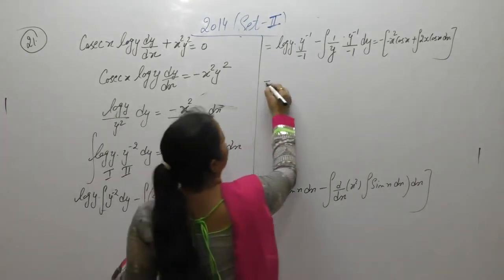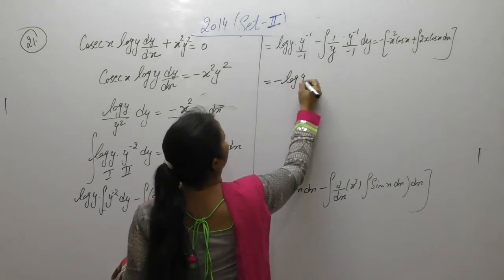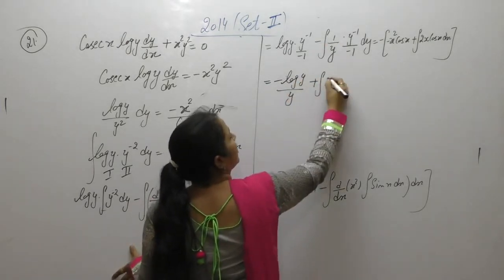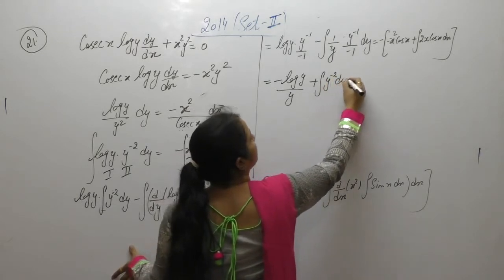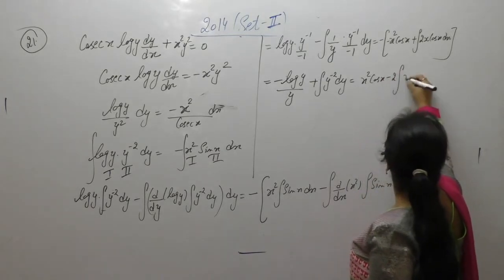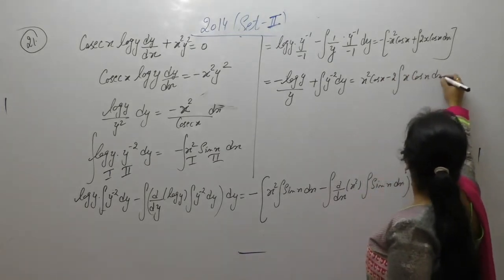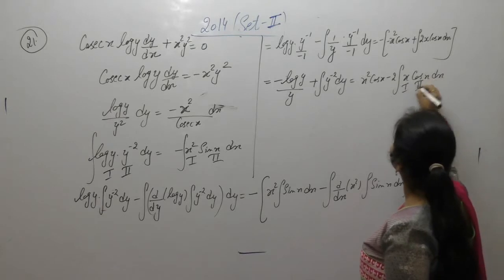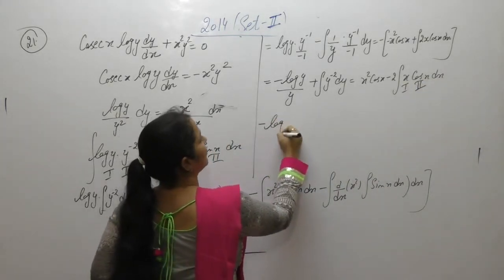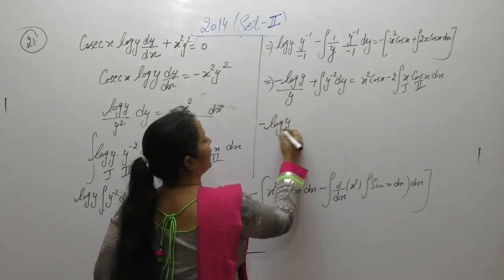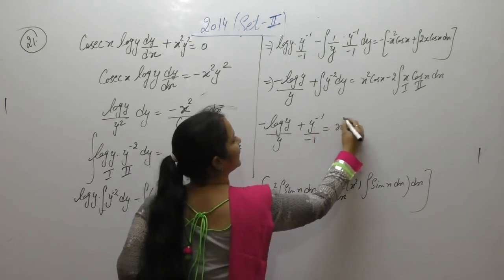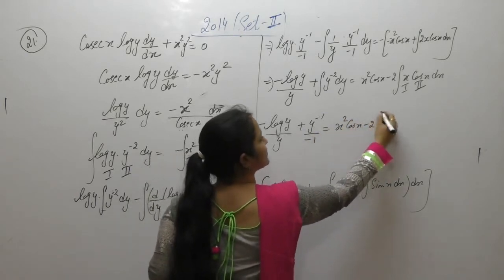Now minus log y upon y, minus minus plus 1 upon y square, x square cos of x minus 2x cos of x. Now again first function and second function. Minus log y upon y, y power minus 1 upon minus 1, x square cos of x minus 2.